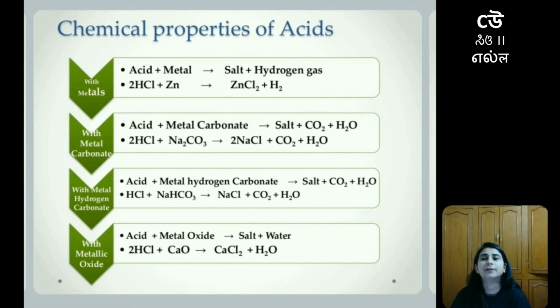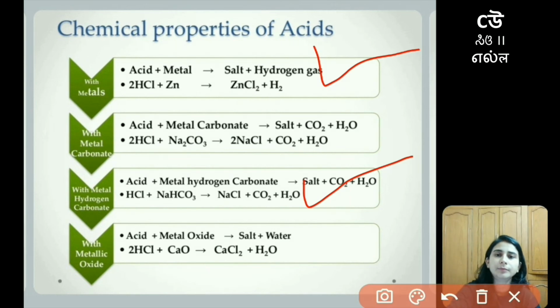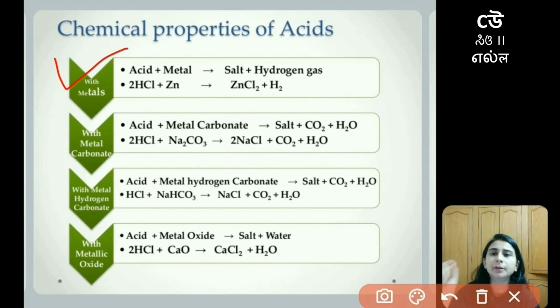After this, we are going to cover chemical properties of some acids. One by one, we are going to see what type of product is formed when these acids react with different substances. We are going to start off with what will happen when an acid reacts with a metal.